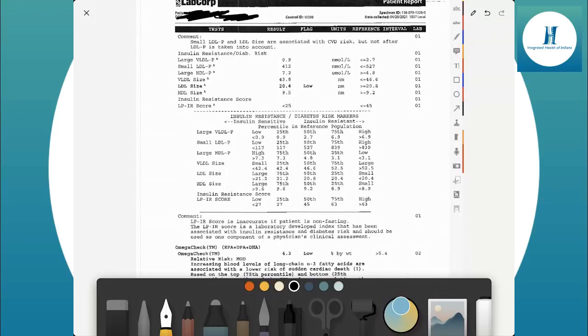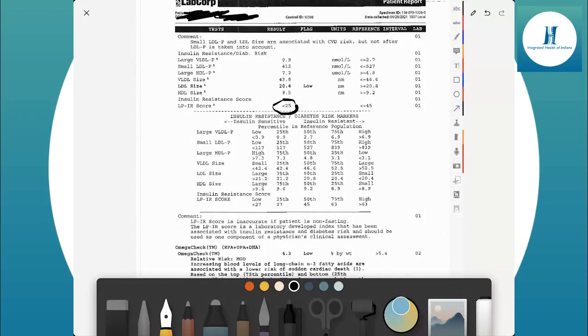The insulin resistance risk is quite low. But what I don't like is, where's my fasting insulin on here? Insulin resistance is low, which is good, but we still have a high fasting insulin, and that'll pop up here in a little bit. So that's good.